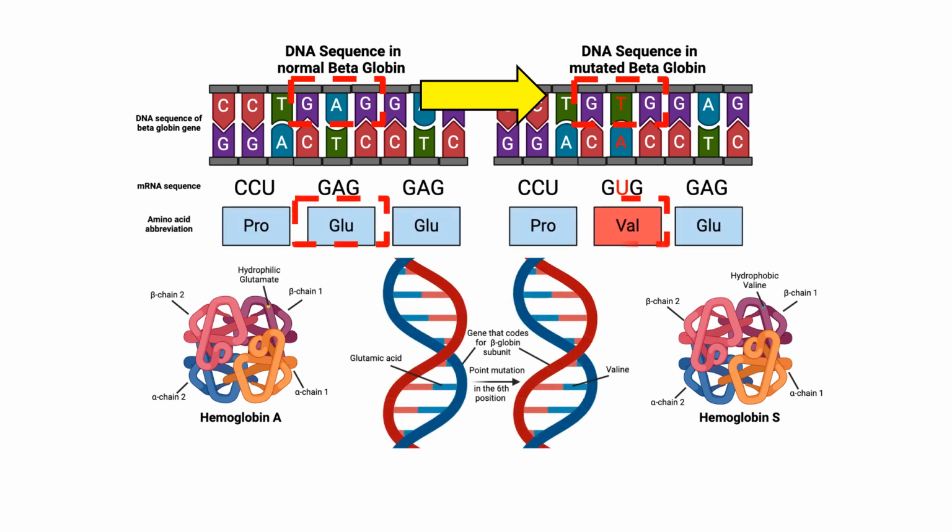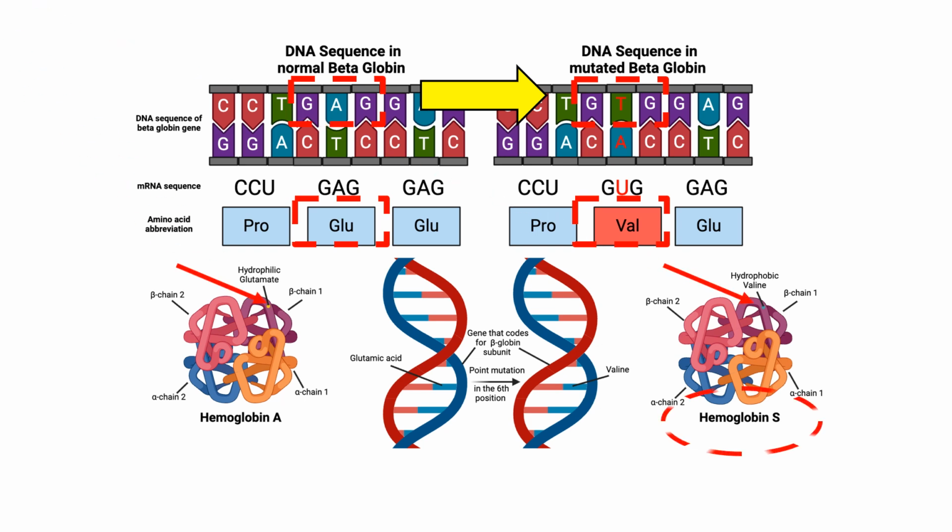A single base pair point mutation, base sequence GAG changed to GTG, results in the substitution of the amino acid glutamic acid, which is hydrophilic, to valine, which is hydrophobic, in the sixth position of the beta chain of hemoglobin, referred to as hemoglobin S.